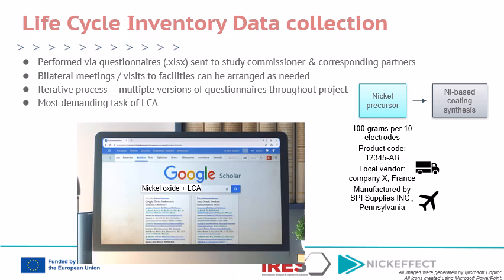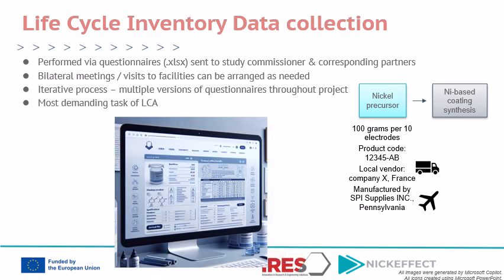Then maybe you can use the inventory developed in a certain paper to approximate the production of this product. Another approach would be to try to see what is the chemical structure of the product that you are trying to analyze, the nickel precursor in this case, and see if you can simulate the production of this chemical based on information that you find online.